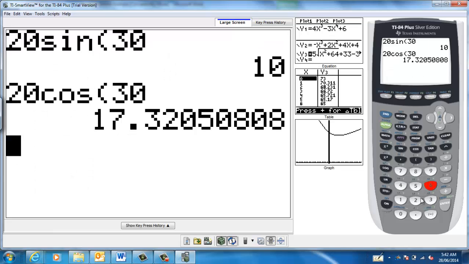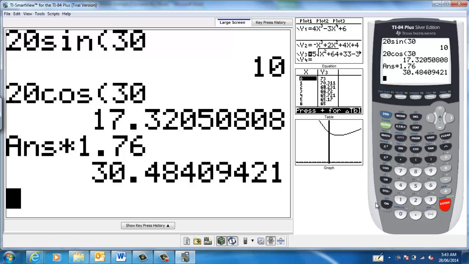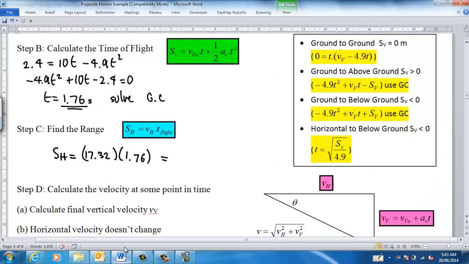So 17.32 times 1.76 gives me an answer of about 30.48. So 30.48 is going to be the range at that particular height. That means it's got a chance, doesn't it?